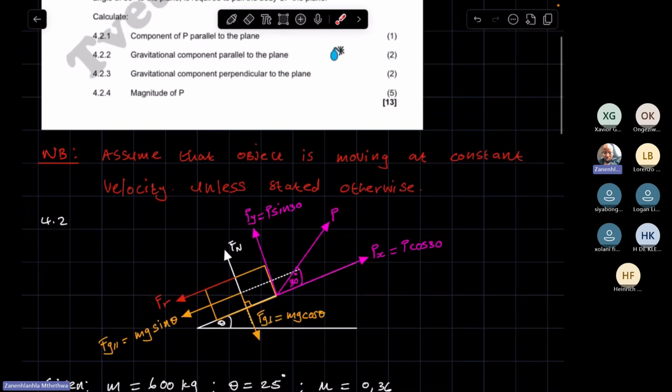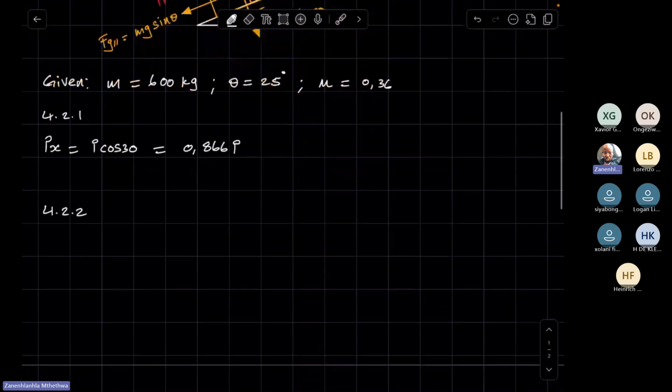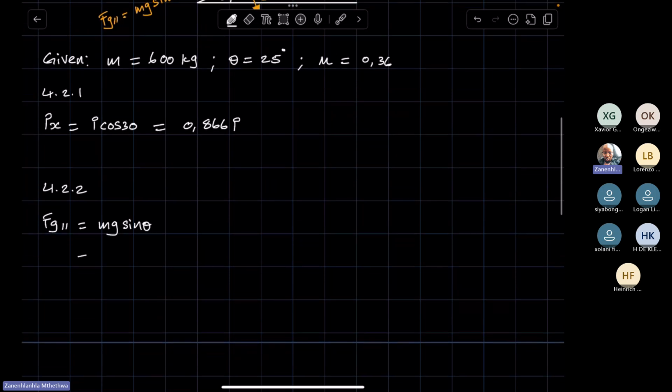Similarly, if they want you to calculate the work done by the gravitational component parallel to the plane, this is what you use. Of course, they'd have to give you the displacement or the distance of the inclined plane. So FG parallel is mg sine theta.